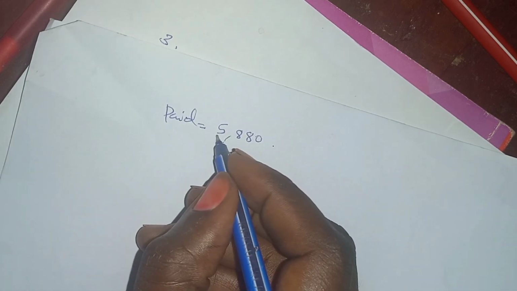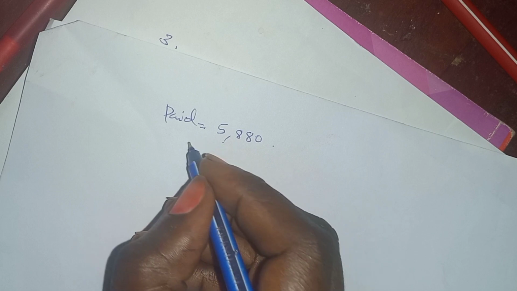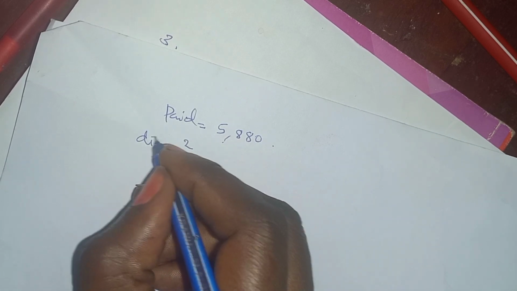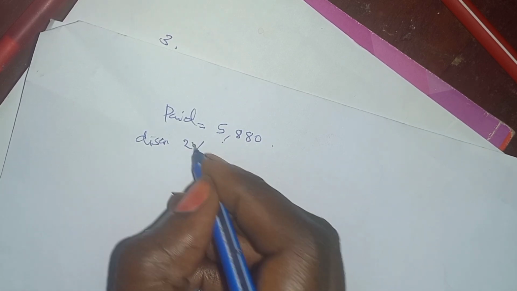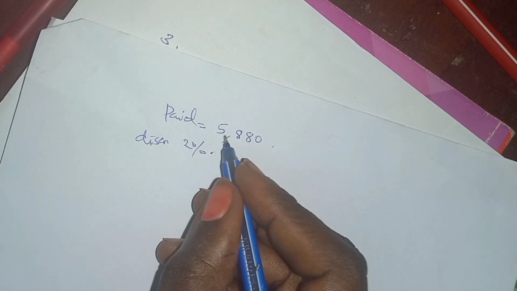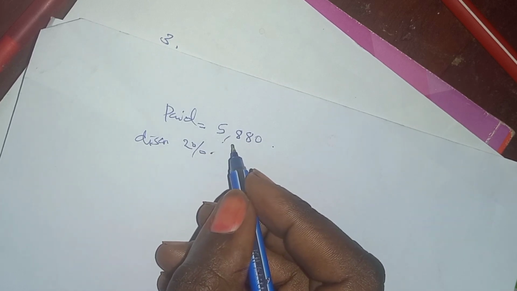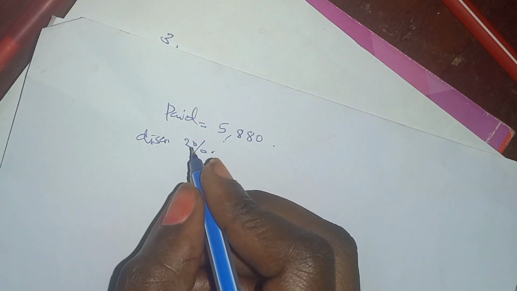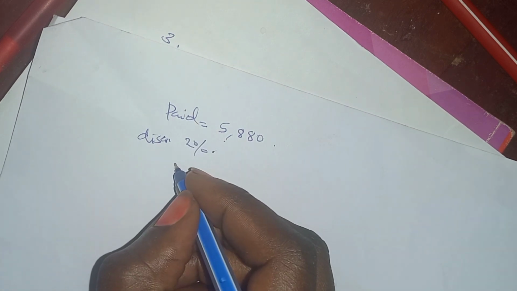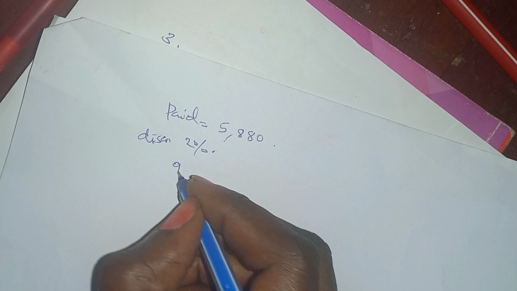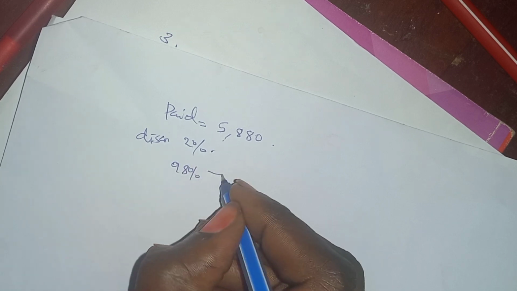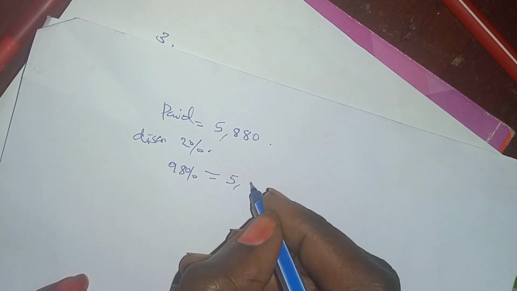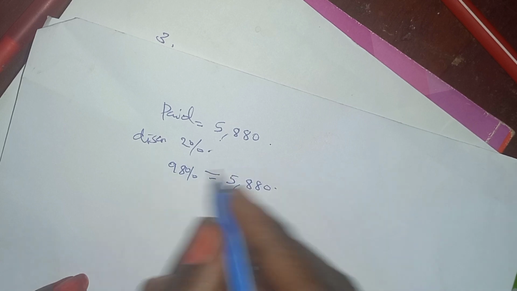So if this was paid after she was allowed a 2% discount, this one will mean that this 5,880 will represent 98%.